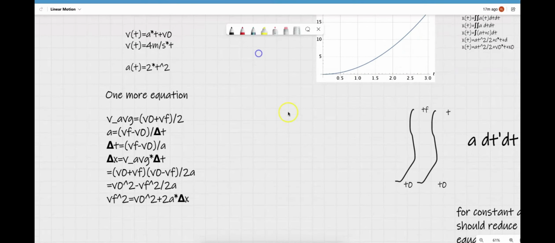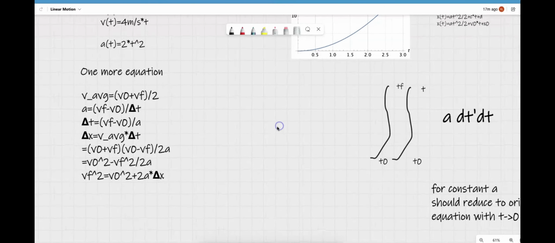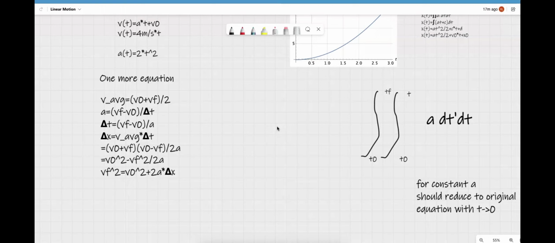One more equation that's useful is if we're looking to define a relationship between velocity and distance instead of velocity and time. We can use a couple of simple equations to find that relationship. So the average velocity is actually our initial velocity plus our final velocity divided by 2, as an average is for a linear relationship like this, over an interval of time.